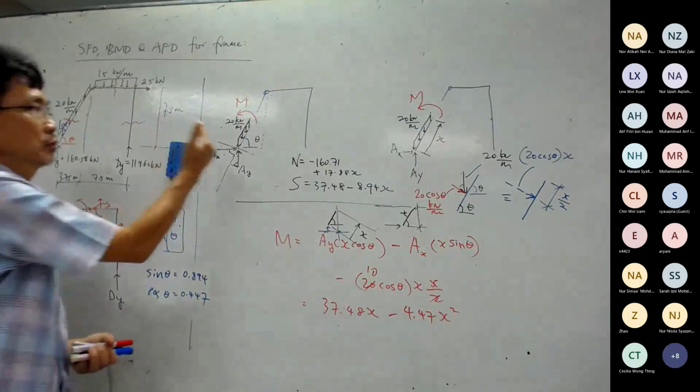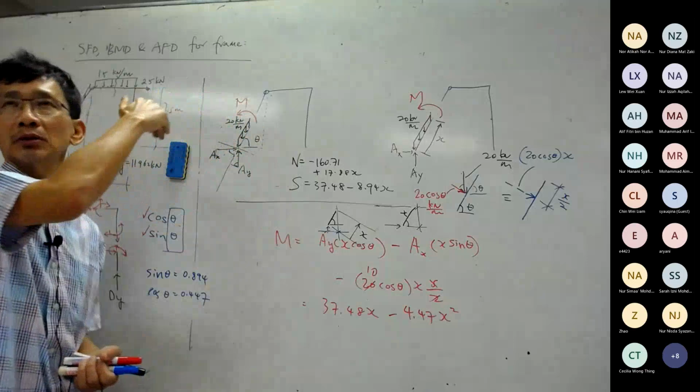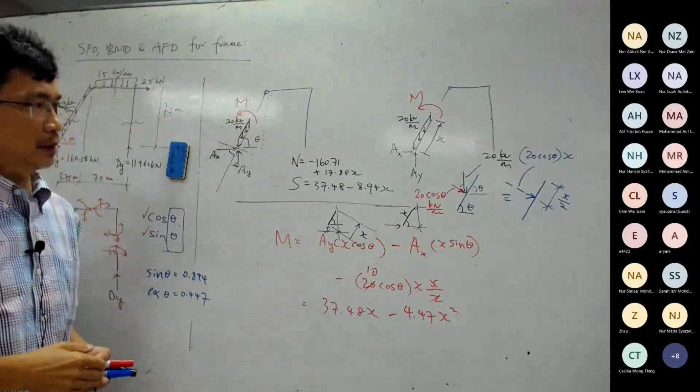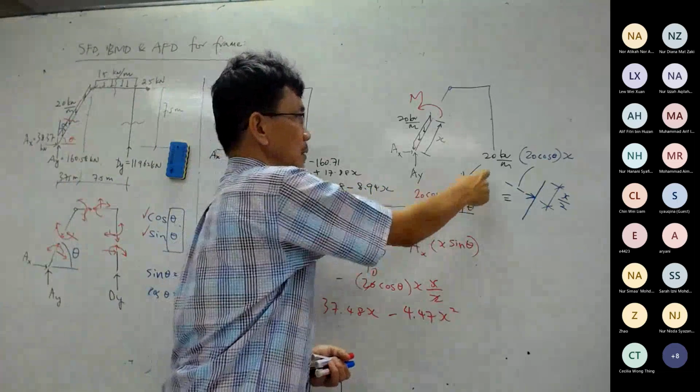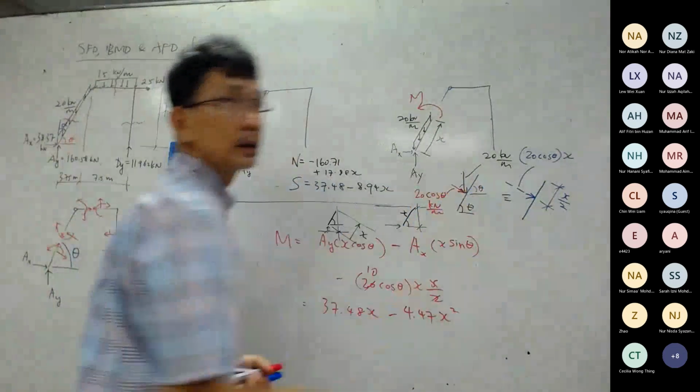Sometimes it's easy to consider force in horizontal and vertical in order to calculate the perpendicular distance easier. And sometimes it is easier to consider it like this and then get the perpendicular distance directly this way. Okay.